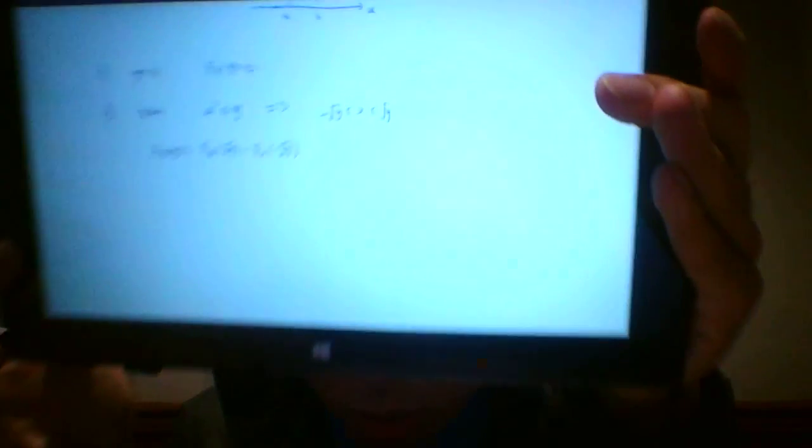And Fy will be Fx of square root Y minus Fx of minus square root Y. Okay, now the previous one is actually the CDF, and if we differentiate we get the PDF, so we want to calculate it.